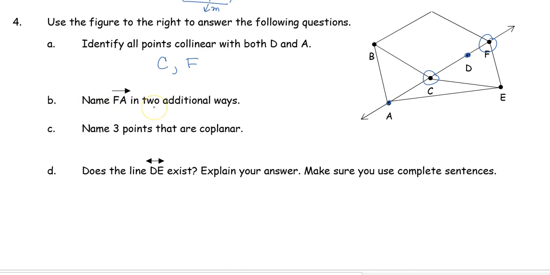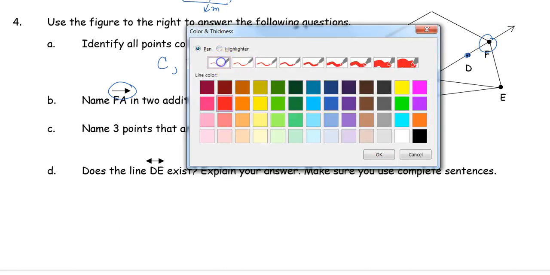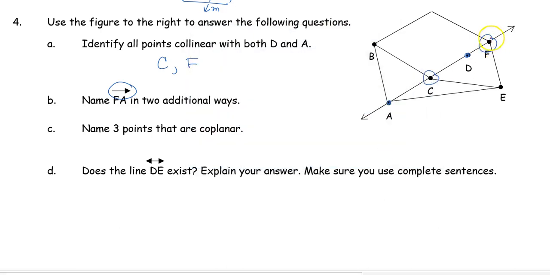Name FA in 2 additional ways. So when we see this symbol up here, that tells me it's going to be a ray, and rays can be a little tricky. So as we look here, I see F. This tells me that it's going to start at F, and it's going to extend towards A. The important thing is that it started with F. It's not existing anywhere before F. So when I name that, I have to start with F no matter what.